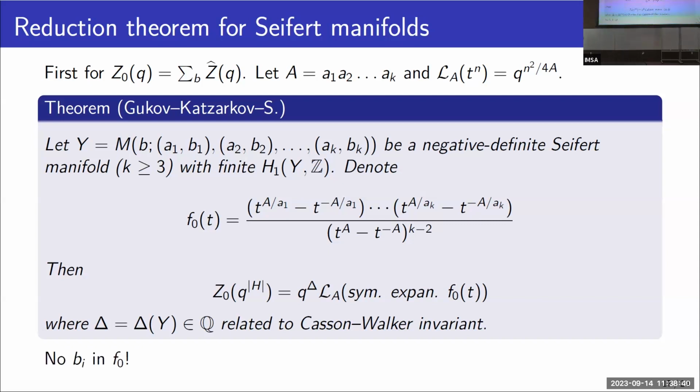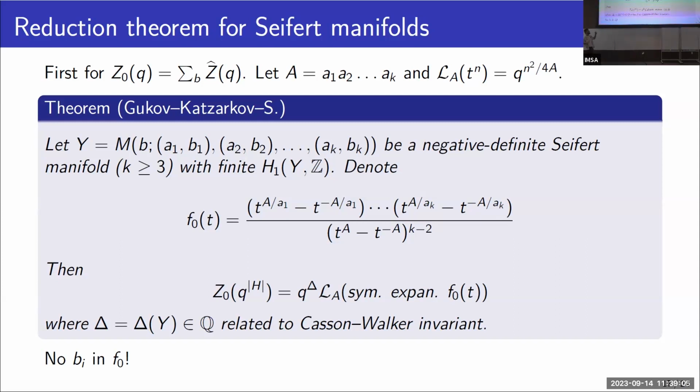Okay, and what is important to notice is that you can see that there are no b's whatsoever. I mean, actually they are there because they are hidden in two things. They are hidden in the order of H1, and they are also hidden in this delta. But except from that, they are not there.